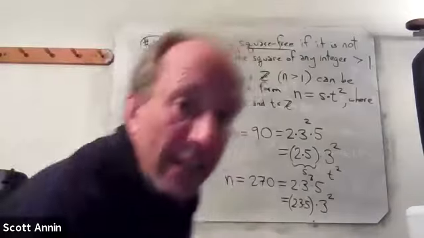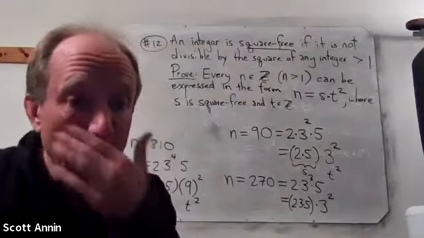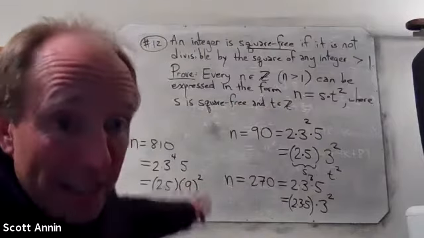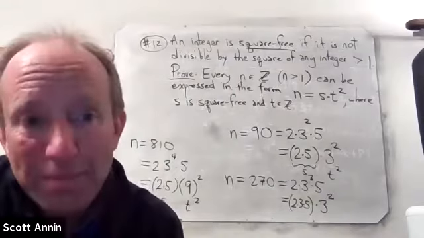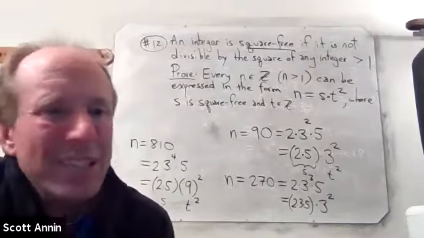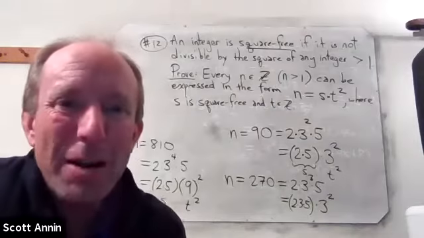So the integer t does not have to be a prime, it just has to be an integer. So we're allowed to use a 9 in the factorization that we're describing right here. This is just to show a couple of examples to get the idea of what this problem is really doing.